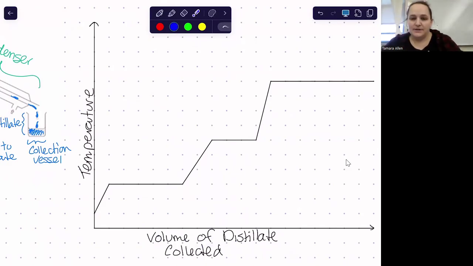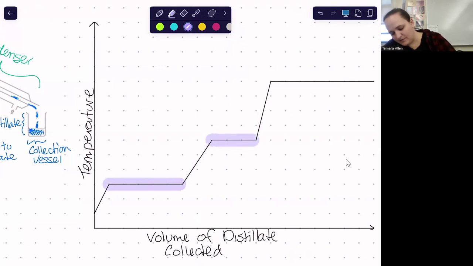And you should see a pretty stable pattern: your temperature increases for a little while and then it stays constant for a little while. Increases, constant, increases, constant, and that pattern repeats for however many components you have in your mixture. Essentially, whenever your temperature is constant is when you are collecting one pure substance.